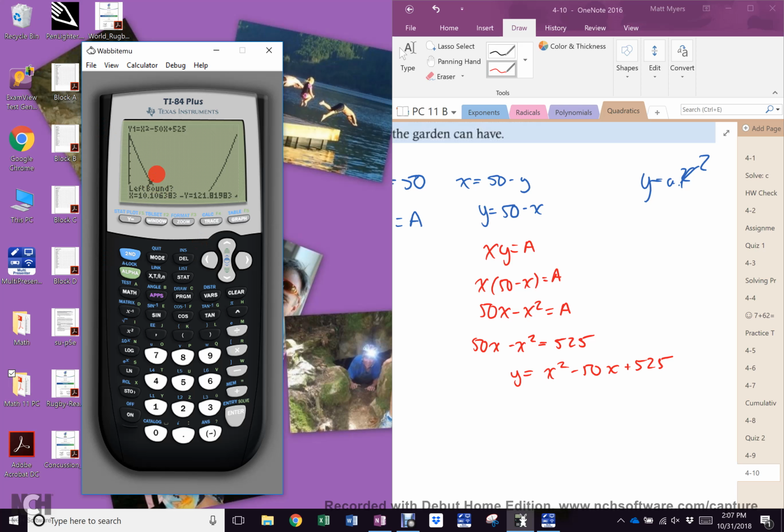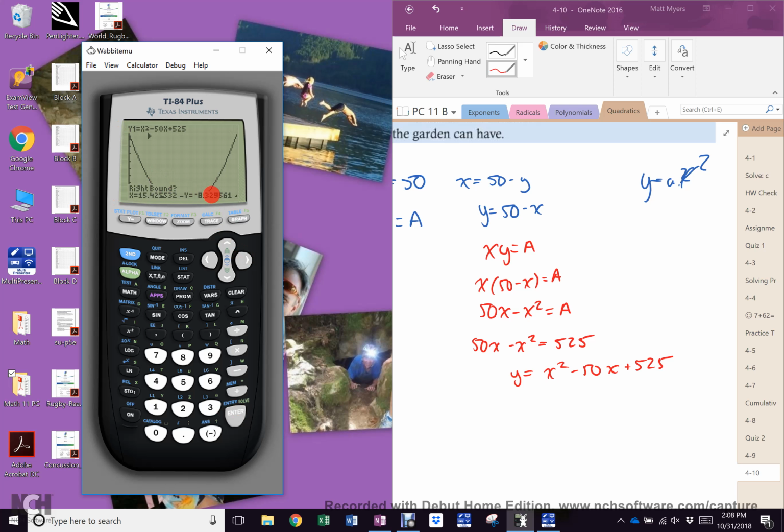Is that on the left of my x-intercept? So what should I push? Enter. Now it's going to say I want the right boundary. So I got to move the cursor past the x-intercept, which means what's going to happen to my y values? They'll become negative. Is it negative now?